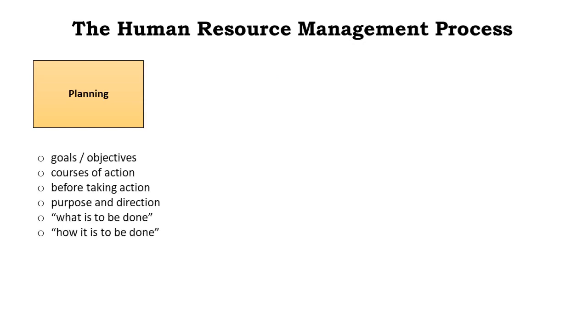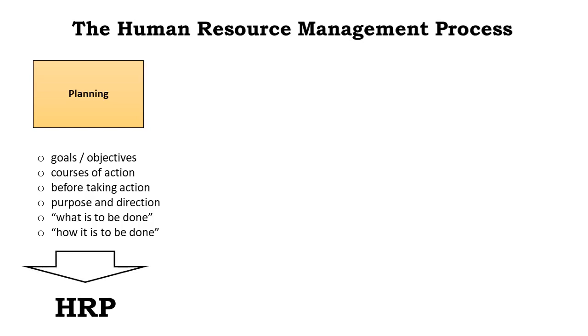Planning establishes the goals and objectives before the courses of action are determined, and this takes precedence before taking action, but all of this should be within the purpose and direction of the enterprise. This answers the questions what is to be done and how it is to be done.